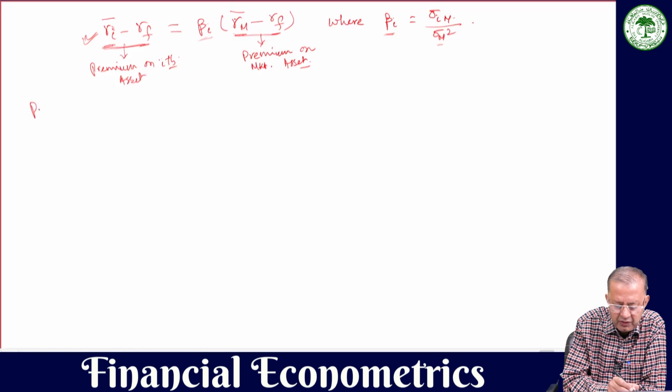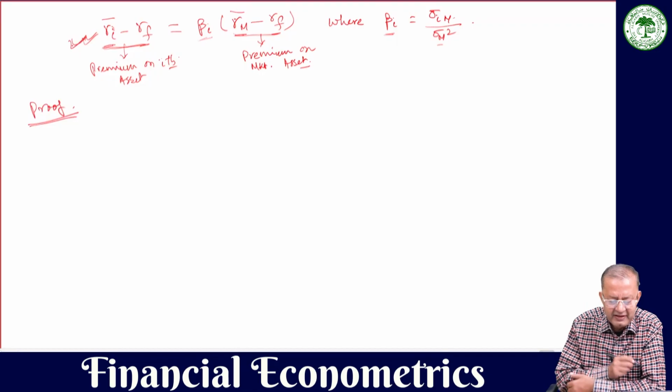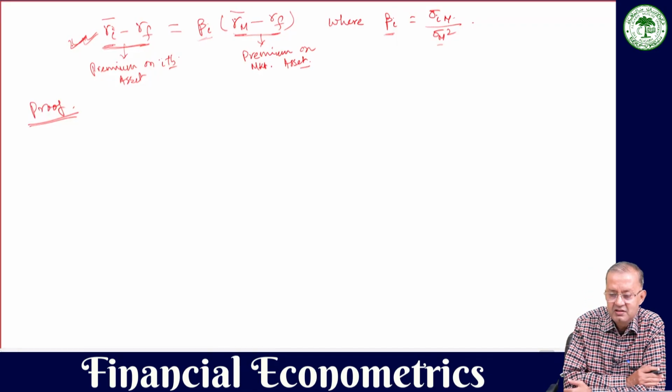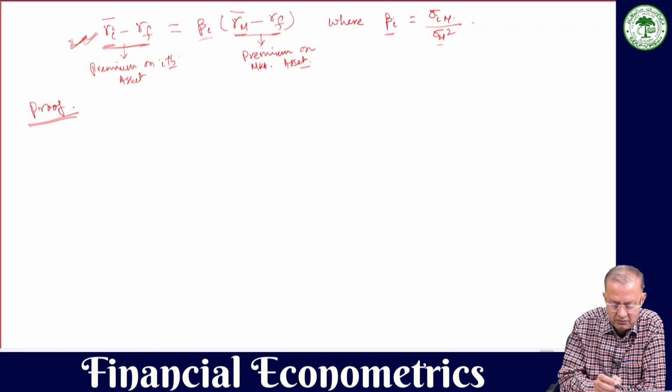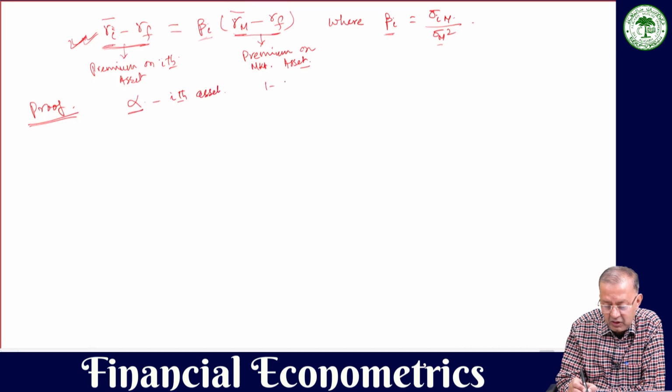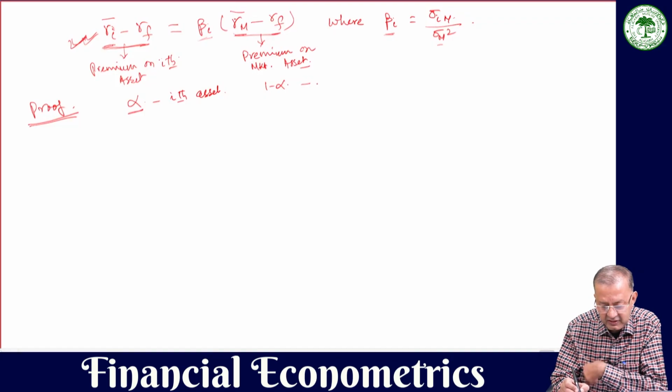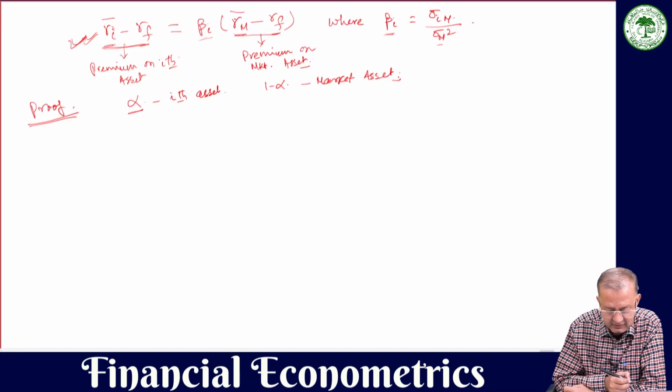So we go for the proof of this equation. How do we get this? Suppose an investor invests a certain proportion, the weight alpha, in the ith asset, and 1 minus alpha is invested in the market asset. Clear?